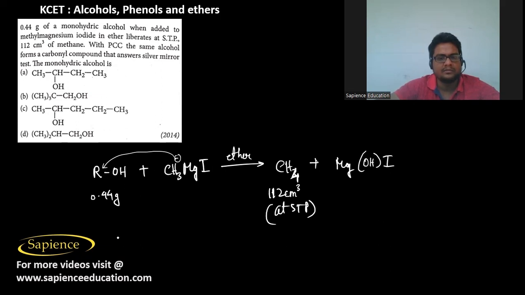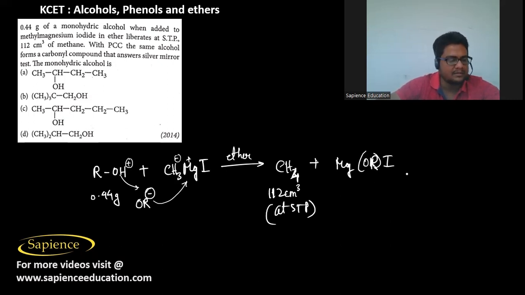From here we will have H plus ion. So the H plus ion will come out, and this OR minus will go with MgI plus, and CH3 minus will link with H plus, and it will form CH4. So it will be MgORI.